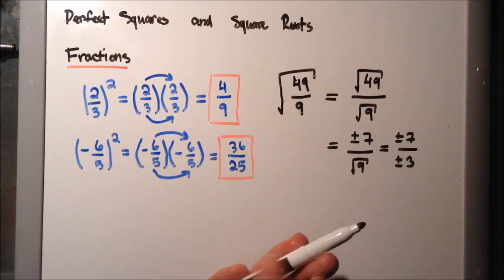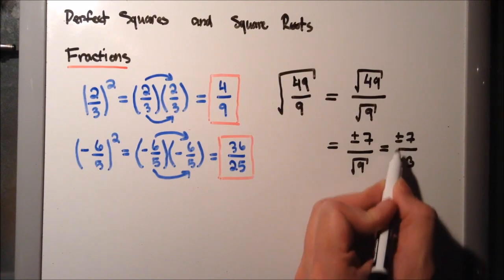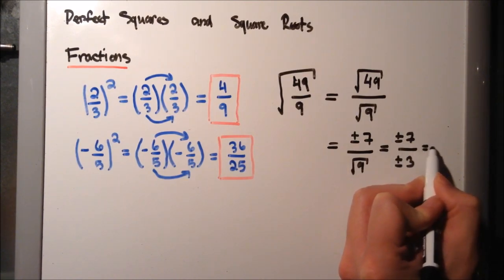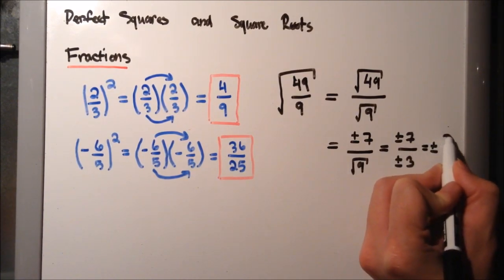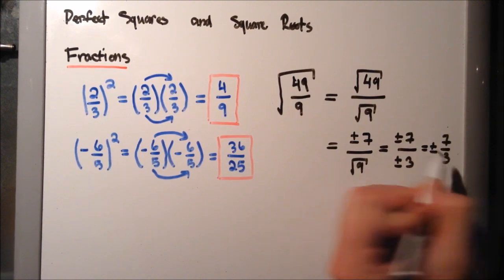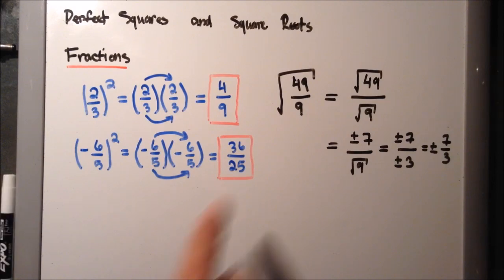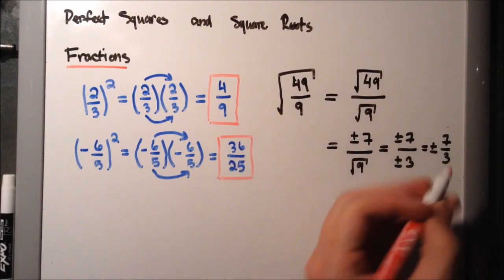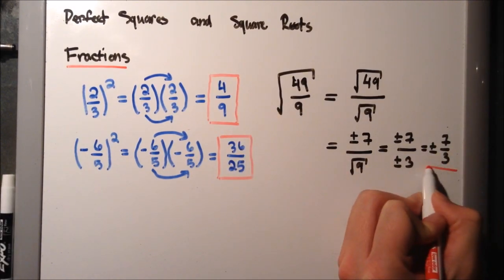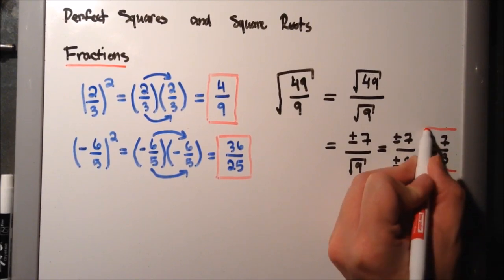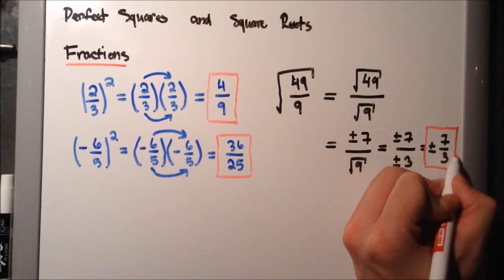Now we can't just leave it like that. Since they both have positive and negative, then you can simply write positive negative 7 over 3. So the square root of 49 over 9 is simply positive negative 7 over 3.